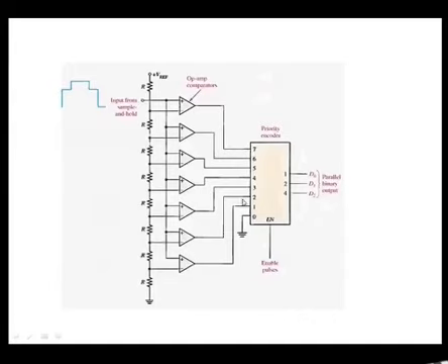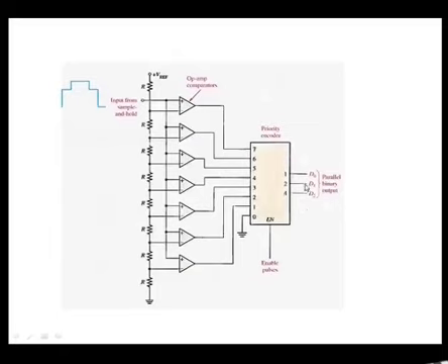You can see here that these are the inputs of the priority encoder: 0, 1, 2, 3, 4, 5, 6, 7, and the output of each comparator is connected to one of its inputs. This priority encoder is enabled by the enable input. The 3-bit code representing the value of the input appears on the encoder's output.